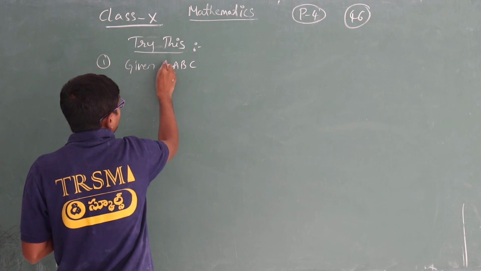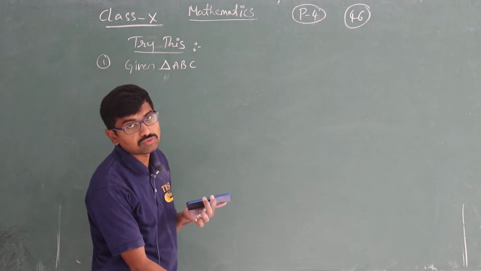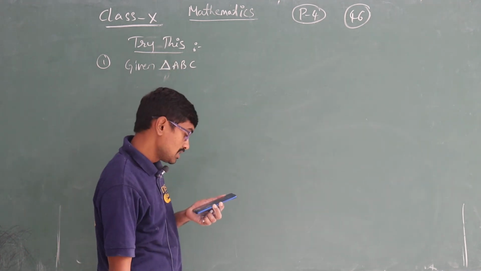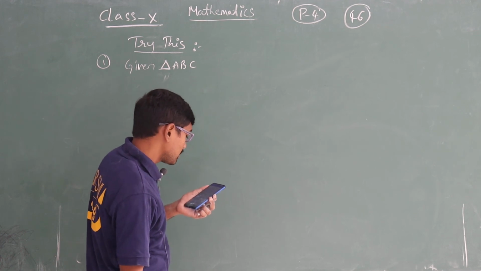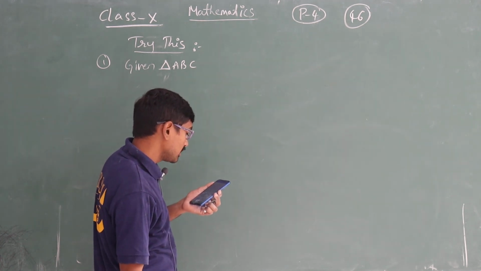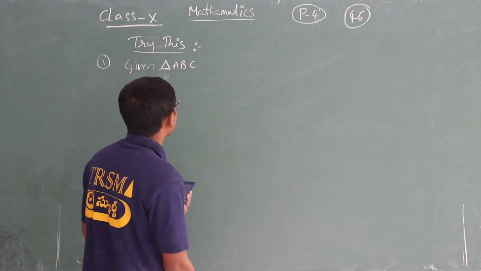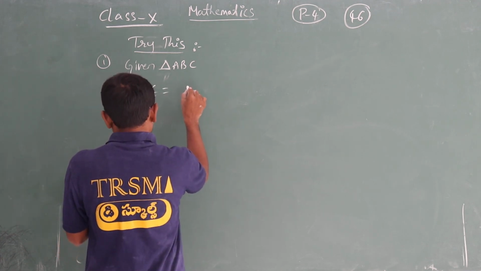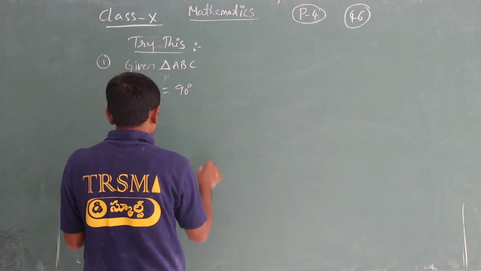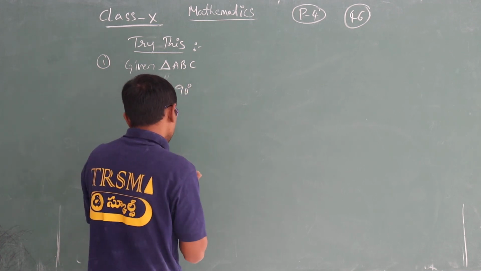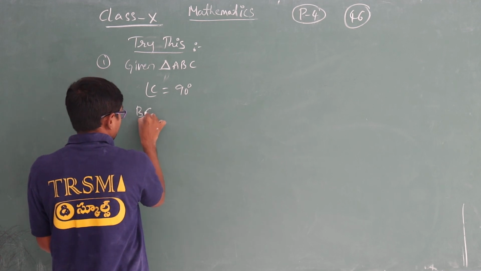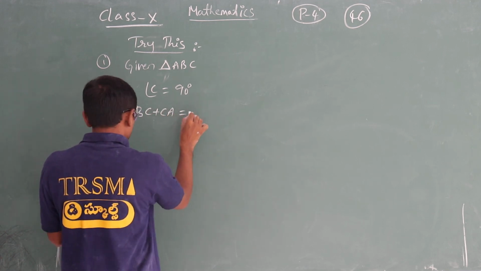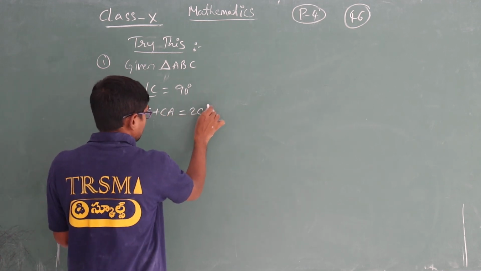As we are discussing right angle triangles, we are taking that. Right angle triangle ABC, right angle is at C. So angle C is equal to 90 degrees. Next, what is given is BC plus CA is equal to 23 centimeters.